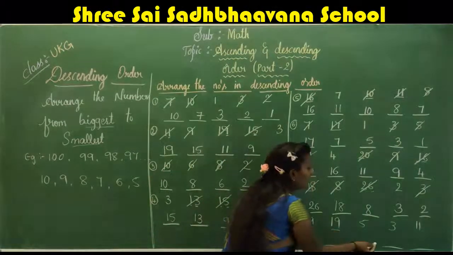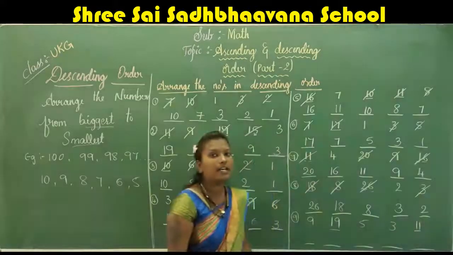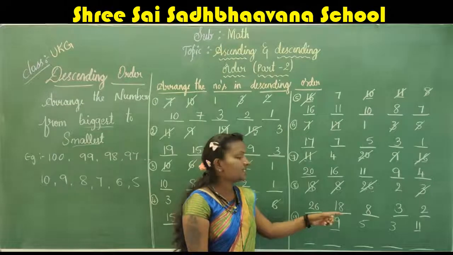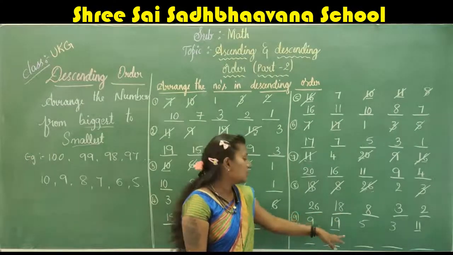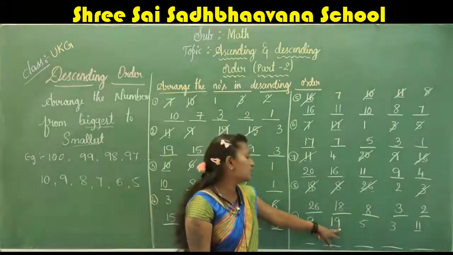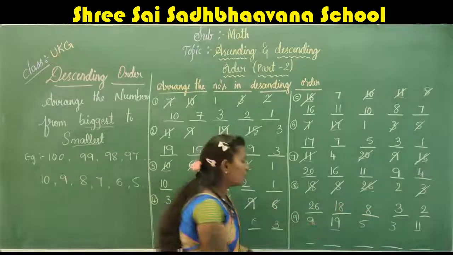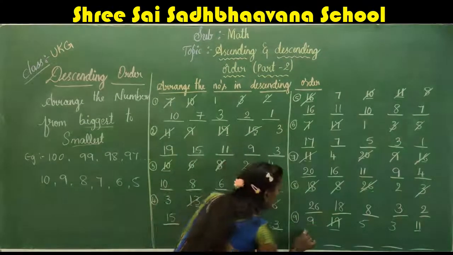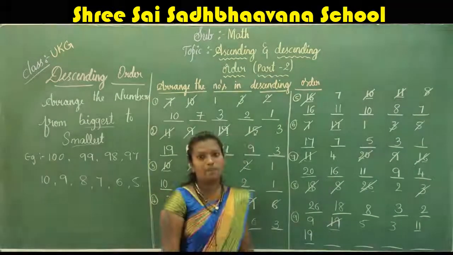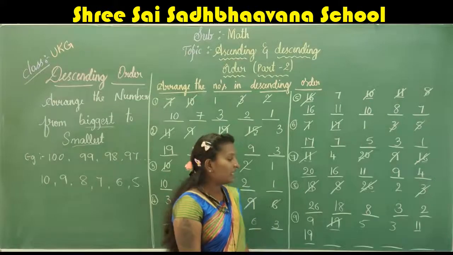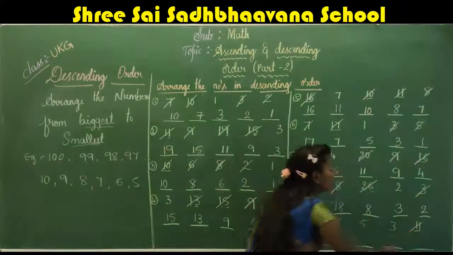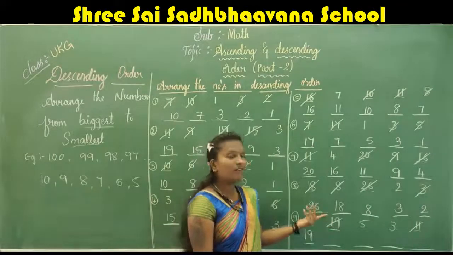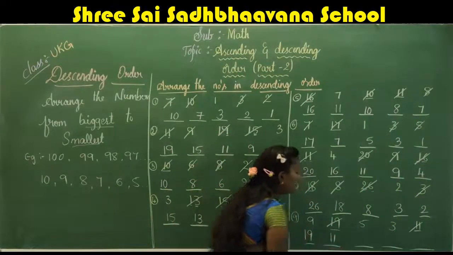Here 19 is there, and here number 11 is there. 1 and 1 are equal, so we observe the 1's place number. 9 is bigger than 1, so 19 is the biggest number. This number 19 we write in the first place. Okay. Next, number 11 is the only other 2-digit number, so that is the biggest, and we write it in the second place.